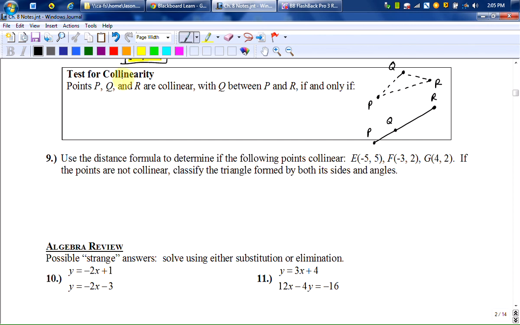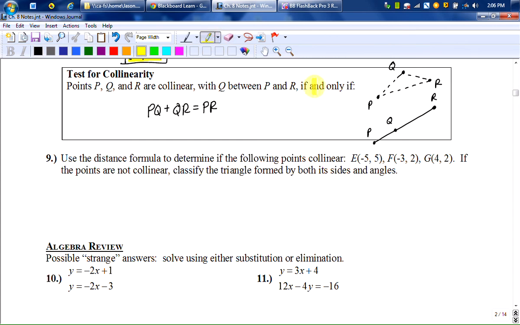And so one way to test that points are collinear, again, you could graph it, but that's not going to be the official test. That would just maybe give you an idea that it is or isn't going to be collinear, but then you have to justify it or verify it with the distance formula. And so the distance formula states that PQ plus QR equals PR if and only if the points are collinear.